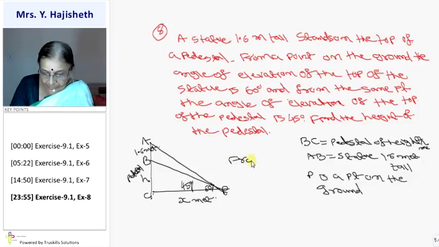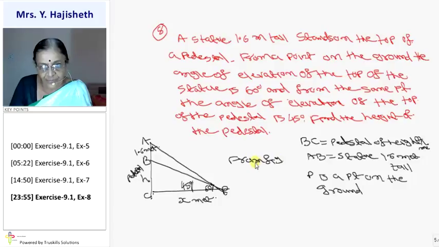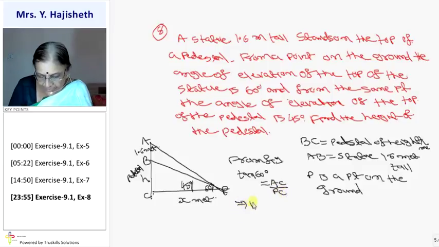From the figure, first I take the big triangle APC. In it I take tan 60. Why I have taken tan 60, I need not explain now. AC upon PC, I have told you many times. Why did I not take sin 60? It is h plus 1.6 upon x.